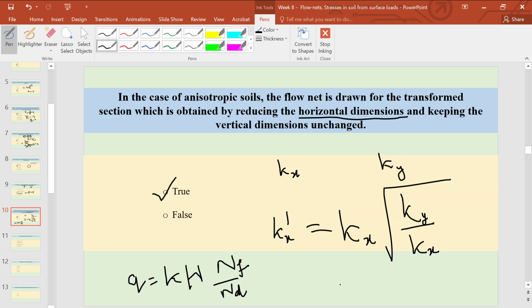This is the transformed value of the permeability coefficient in the horizontal direction. So yes, it has to be reduced keeping the vertical dimensions unchanged. This is a true statement. Good.